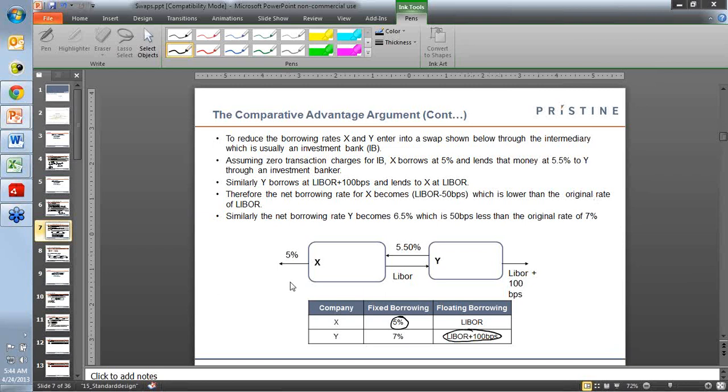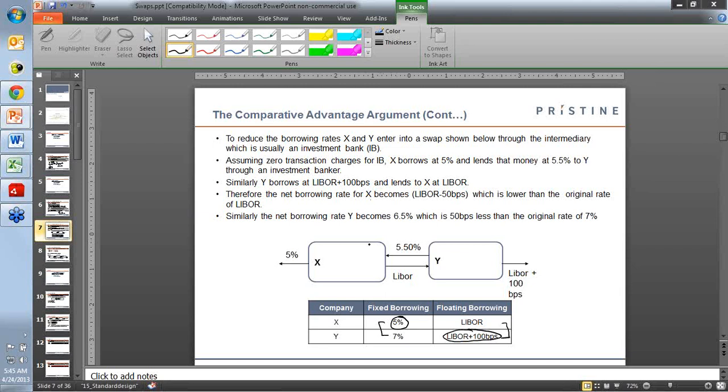What they will do then is utilize the relative differences, that is the 2% present here and the 1% present here, to offer the loan to the other company at a lower percentage than this 7% or a LIBOR. So we'll just look at that.